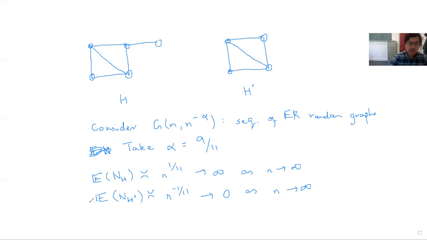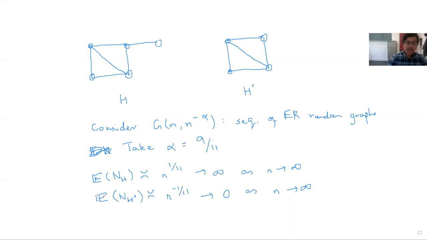In words, by the use of Markov's inequality, this says that as n grows large, the probability of seeing a copy of H prime in this random graph tends to 0. Nevertheless, in expectation, we see lots and lots of copies of H, and you cannot have a copy of H without also having a copy of H prime. So how is this possible?